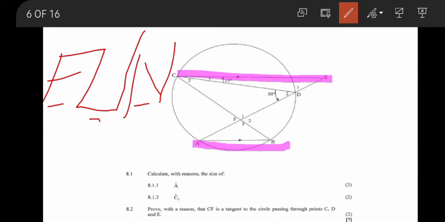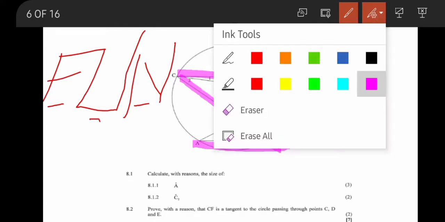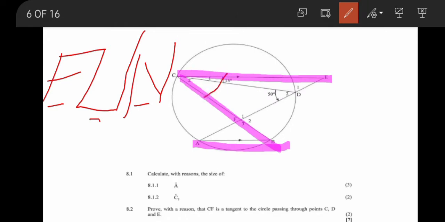If you continue here, you will see that definitely you have alternate angles, where the whole of C1 and C2 will be equal to B. So those are your alternate angles. Your alternate angles are always equal.